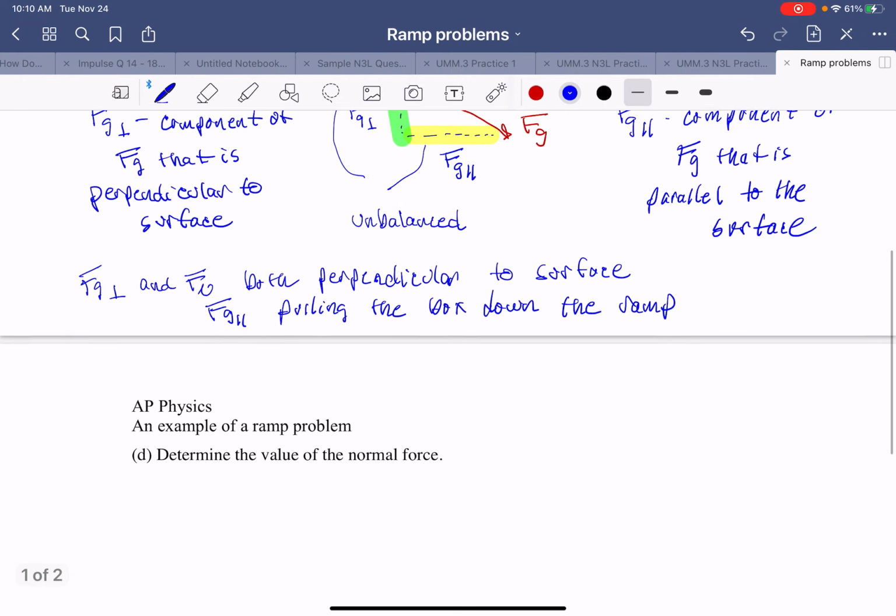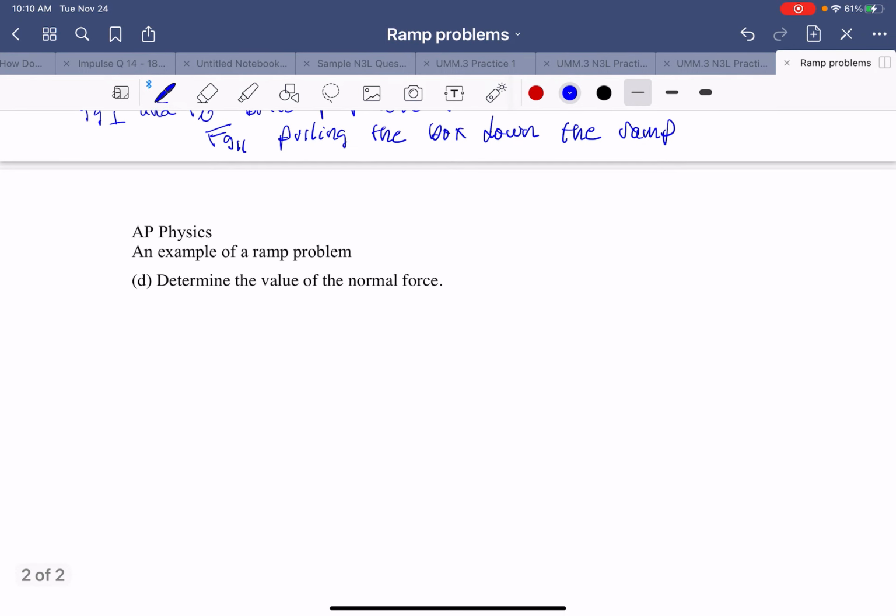Now we need to determine the value of the normal force. First, let's find the gravitational force. We've done this before. Gravitational force is mg. So gravitational force is 9.8 newtons per kilogram times the mass, which is 80 kilograms.